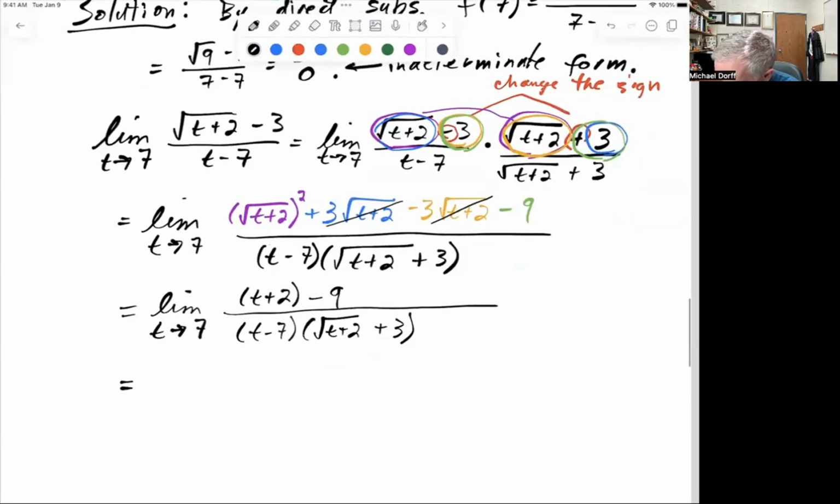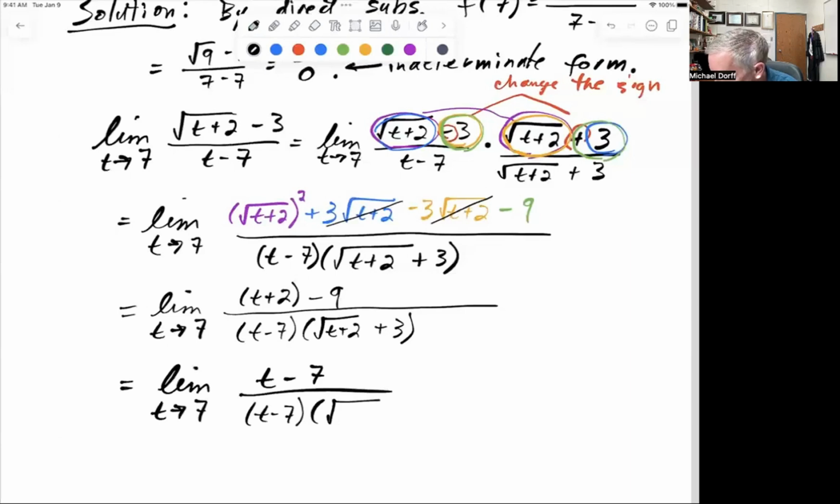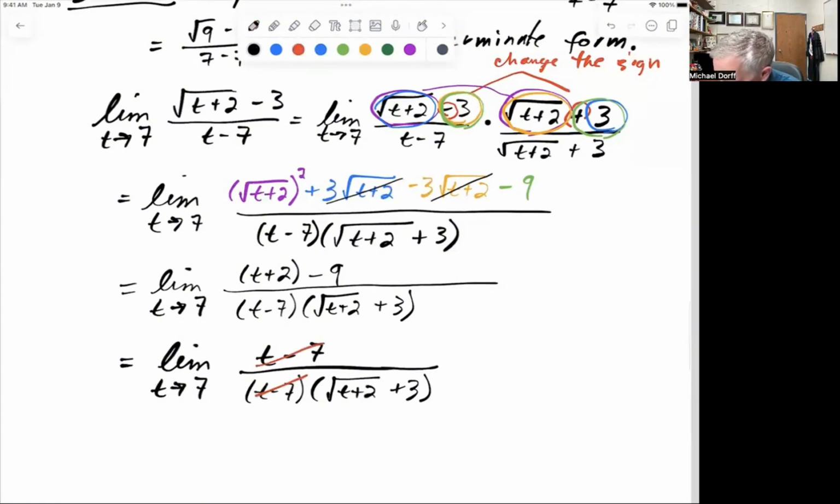And then I notice that my numerator simplifies to be t minus 7. And in the bottom, I have a t minus 7 times the square root of t plus 2 plus 3. And lo and behold, now I have the same thing in the top and the bottom, and I can cancel those out. Leaves me a 1 in the numerator.